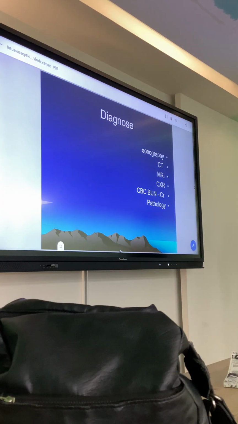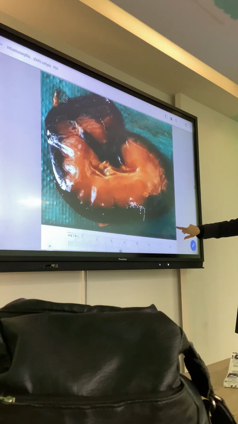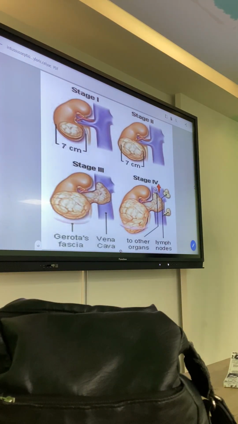Mahdi, what do you think about the treatment of Wilms tumor? Surgery, and they remove the kidney, based on the stage. For example, if you are at stage 1, is it acceptable that we remove the kidney? Yeah. Maybe chemotherapy also. Chemotherapy, surgery, for example, in some stages.